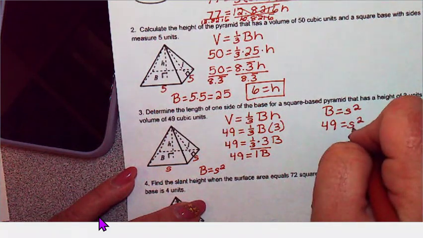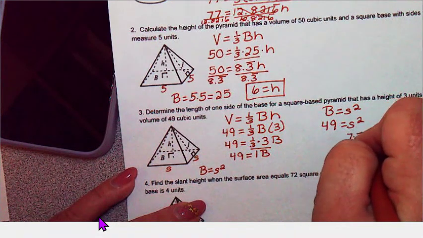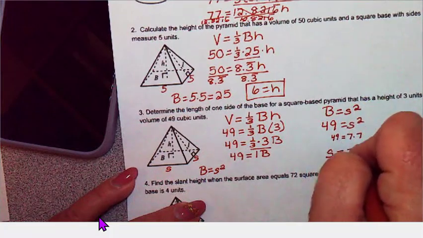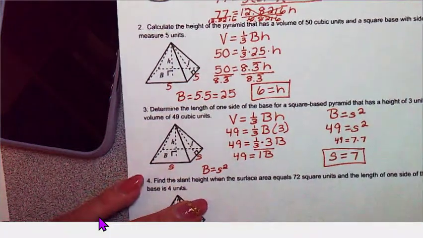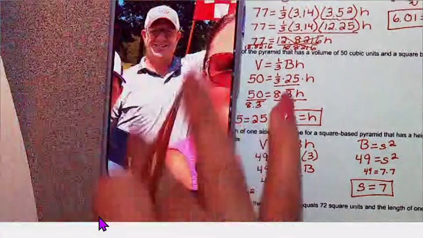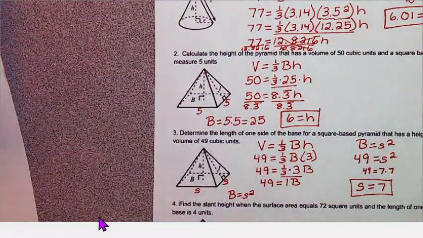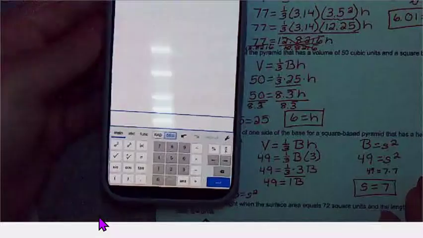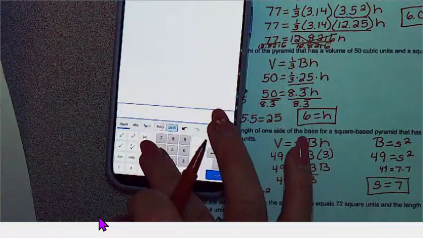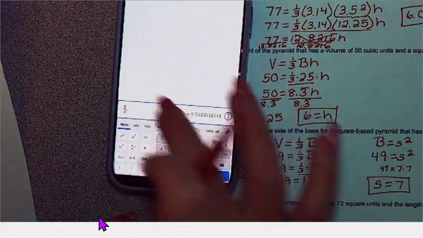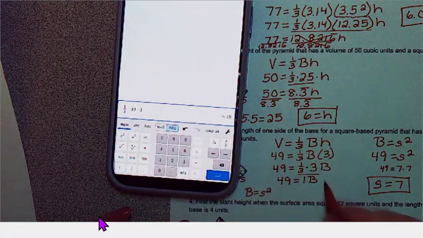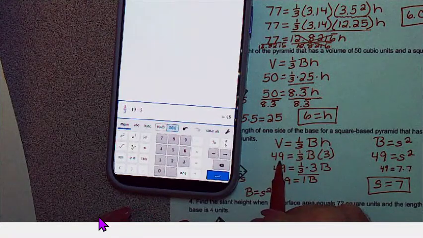Well, I know 7 times 7 equals 49, so my side length is going to equal 7. And again, I can plug that back in using my Desmos: 1/3 times 49 times my height of 3 equals a volume of 49, which is what I want.